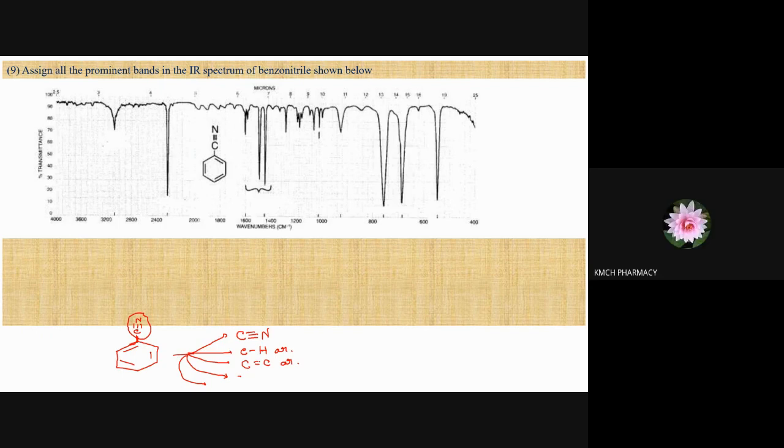That means we have 5 CH bonds left in the aromatic region, so one of the hydrogens is missing. That will be called a monosubstitution conformation in the structure.